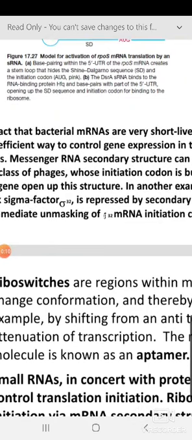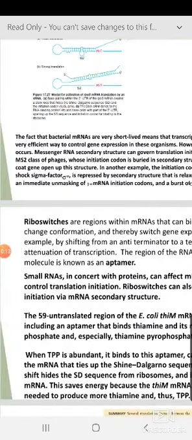This means that in certain types of phages, the translation of the replication genes can only start when the transcription of the entire coding genes is over. After that the secondary structure opens and the replication-related genes get access for translation.